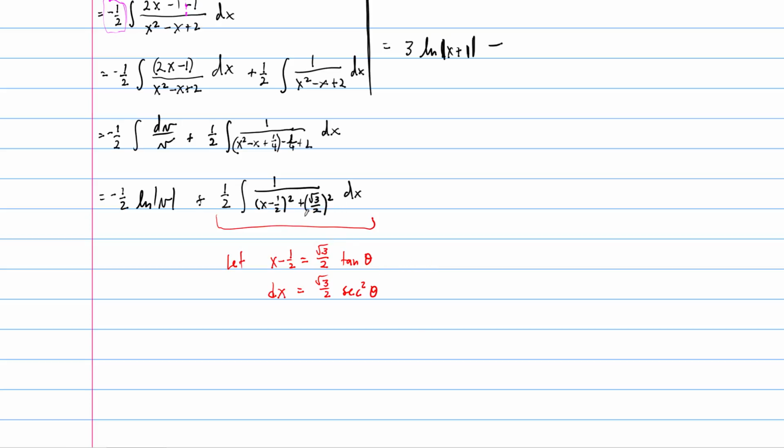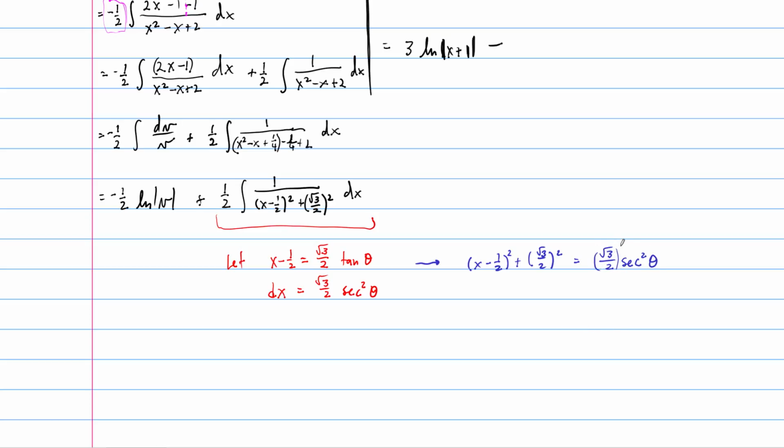Because there's no square root here. So the reason for making this, remember in our table we had a reason. The reason for making this substitution is then that x minus a half squared plus root 3 over 2 quantity squared just becomes root 3 over 2 squared, right? So 3/4, so this is then secant squared theta.